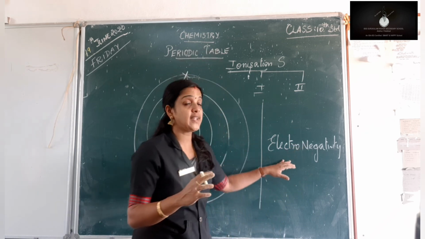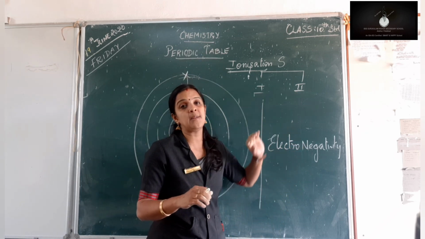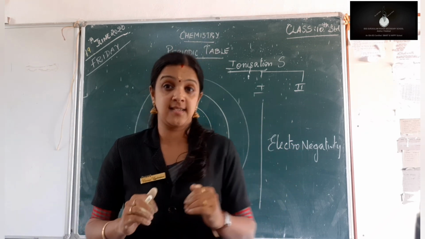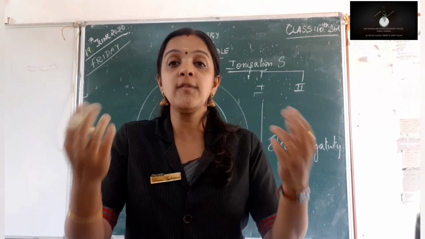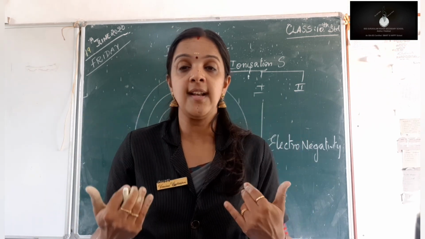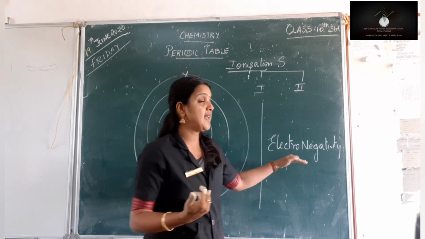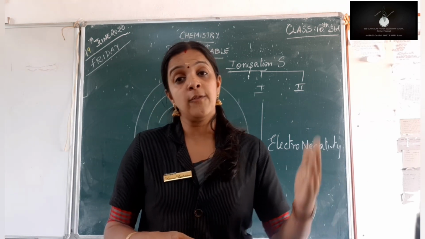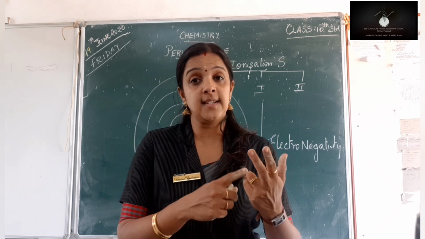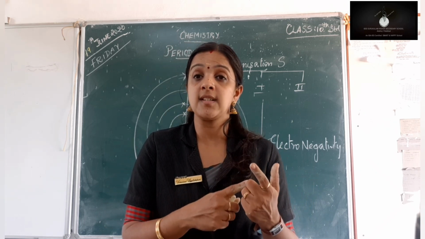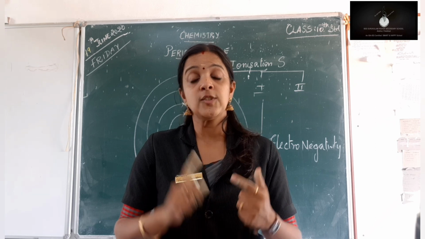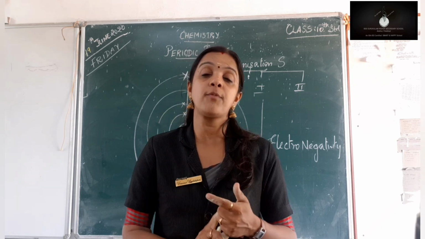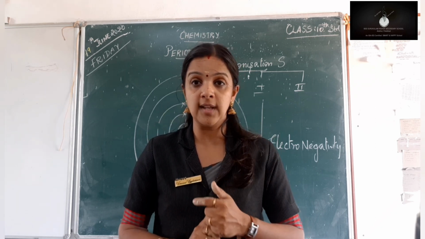So the electronegativity for s-block elements will be very less. Since they want to give electrons, they don't need electrons, they have less electronegativity. And since they are metals, we know they are malleable, they are ductile, they are good conductors of electricity. So these are some of the important properties of s-block elements.